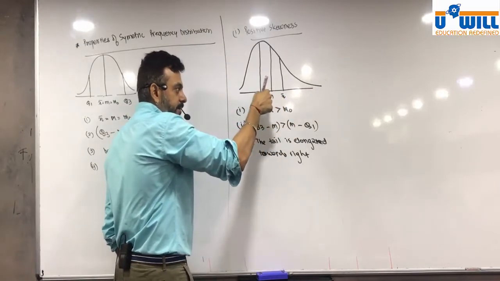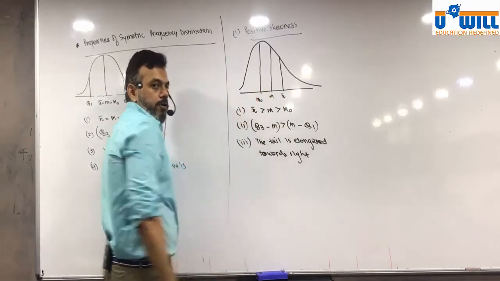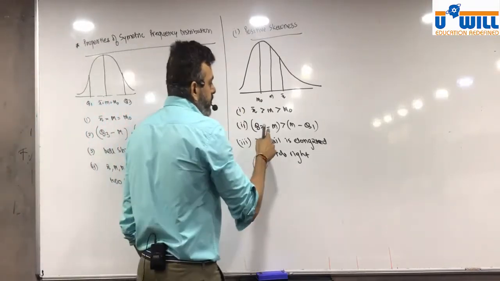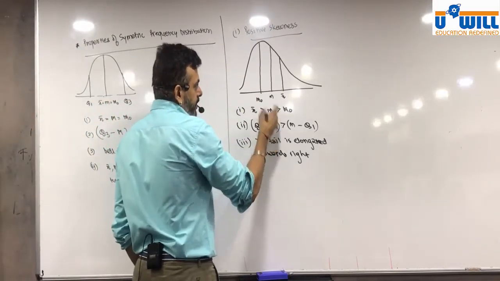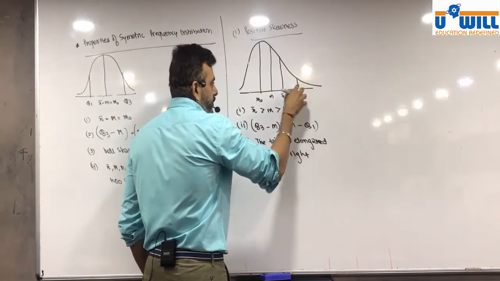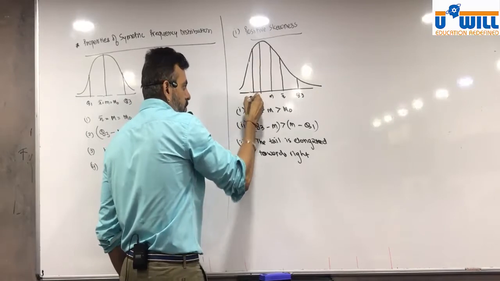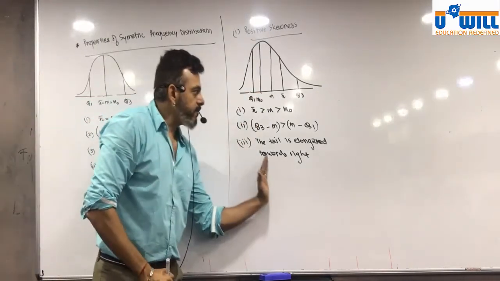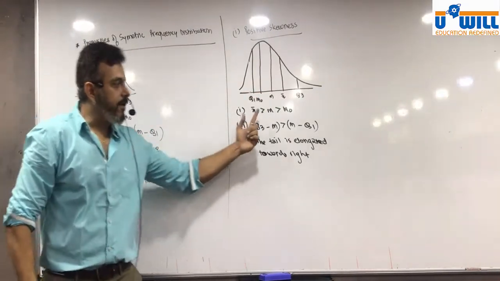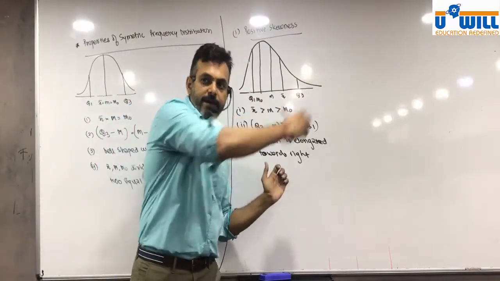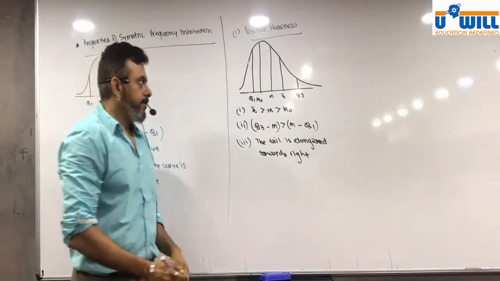So x bar greater than m greater than mode. Understood this? Okay. Q3 minus m is greater than m minus Q1. Did you understand this graph? Easiest way to remember is this is equal and these are all greater than. The tail moves towards the right. Got it?